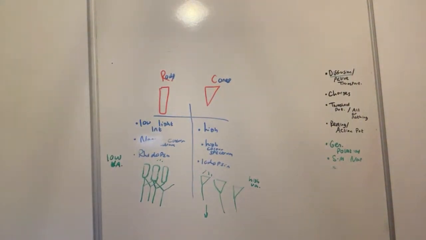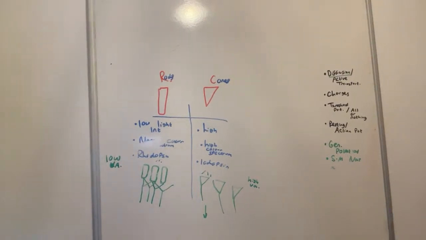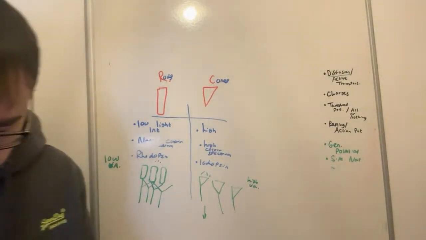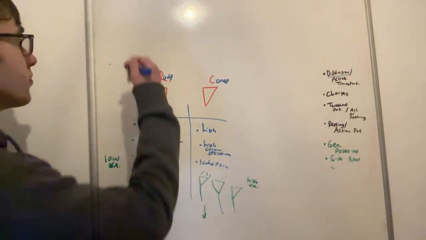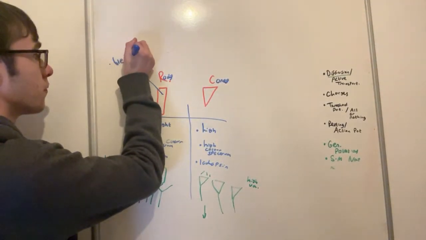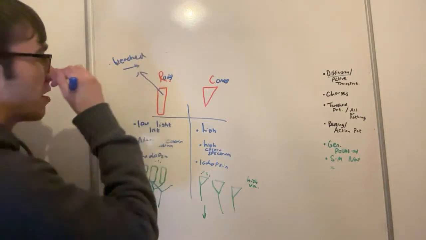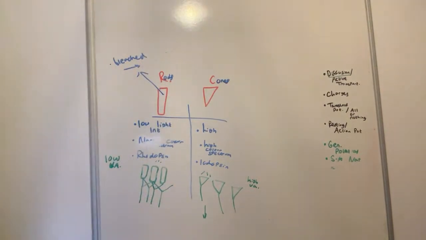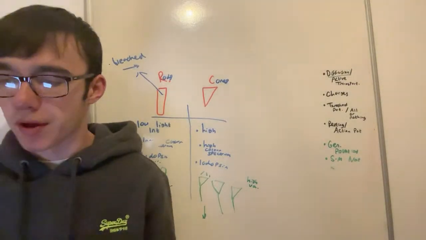So let me go on the PowerPoint and actually remember this specifically. Oh, we should talk about what it does. It's very simple. The pigment inside these is bleached. And that's basically all you need to know. So when light hits a photoreceptor, it bleaches the pigment.